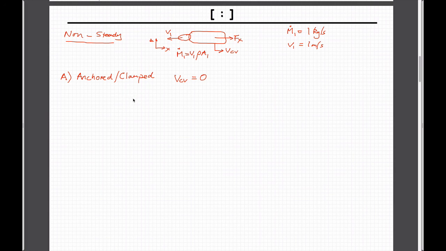If we write out our conservation of momentum expression, it's the velocity coming out, the relative velocity to the structure at point 1 in the x direction, plus the velocity of the control volume at point 1, multiplied by the mass flow rate at point 1, is equal to the force in the x direction, or sum of the forces.